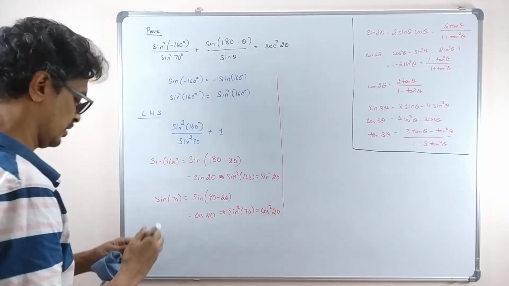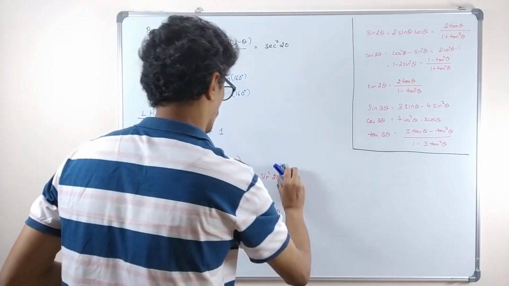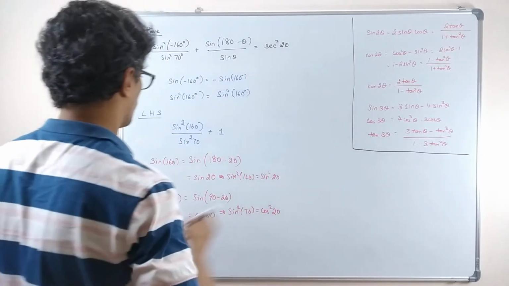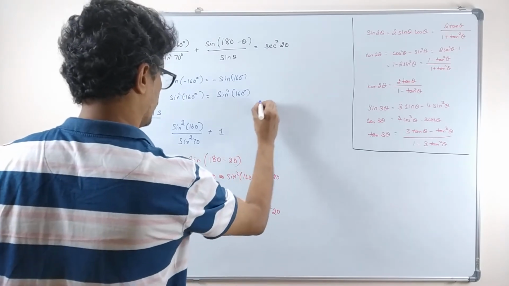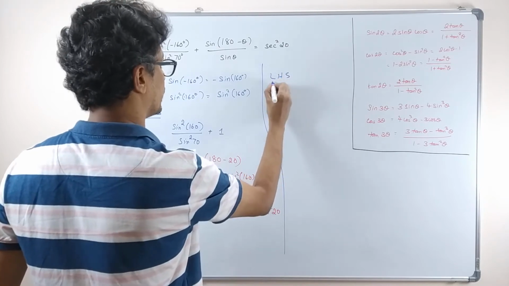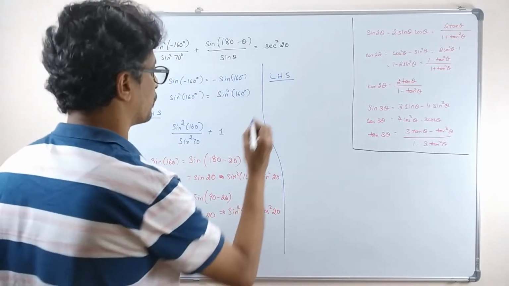Correct? So therefore, what are we getting? So your LHS is what? So sine square 160 is equal to sine square 20.